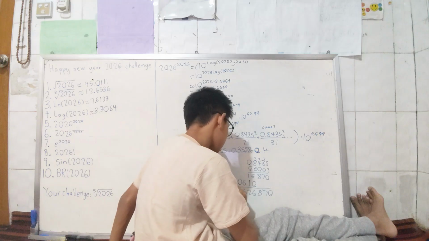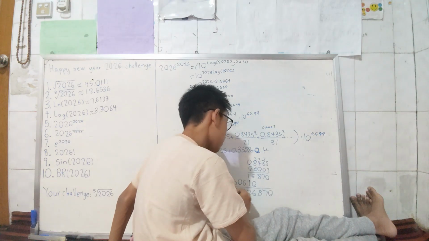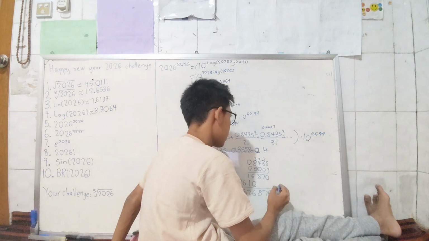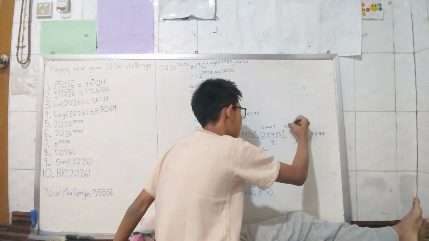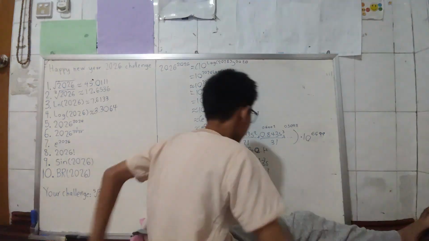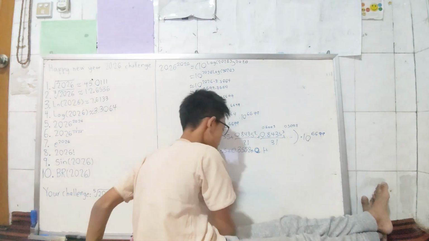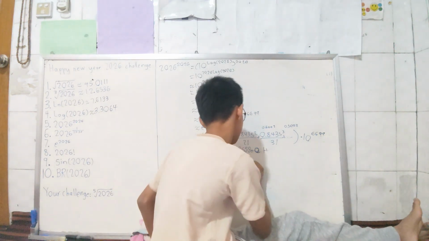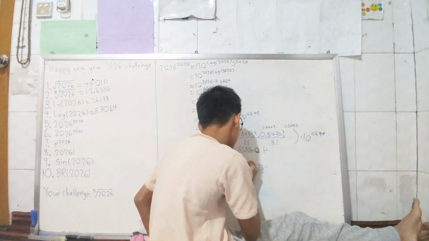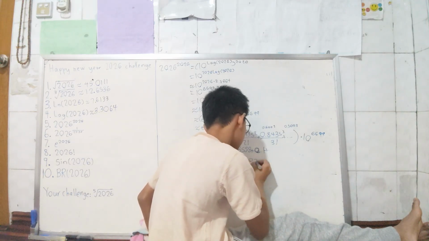That's gonna be 0.5062. Going to be 0.5063. 4 factorial. That's going to be 24. 0.5063 over 24. 0.02.